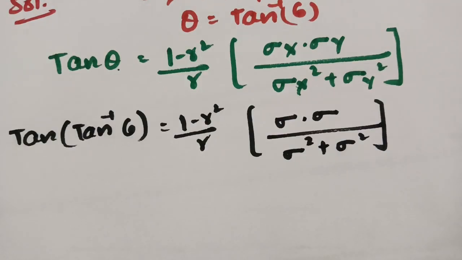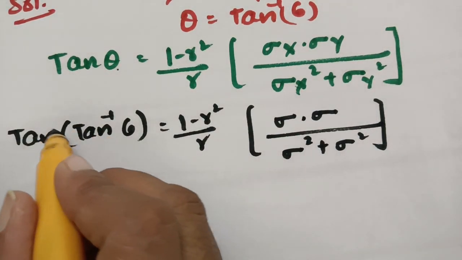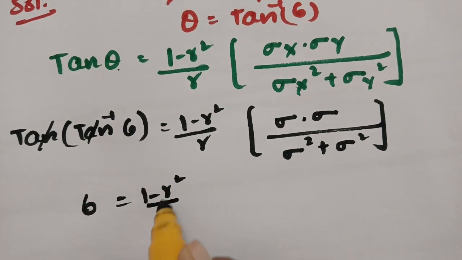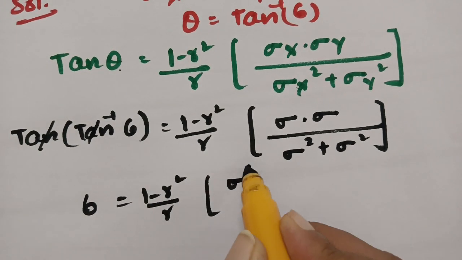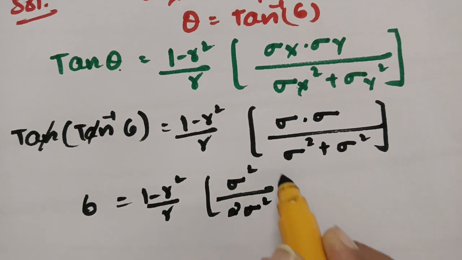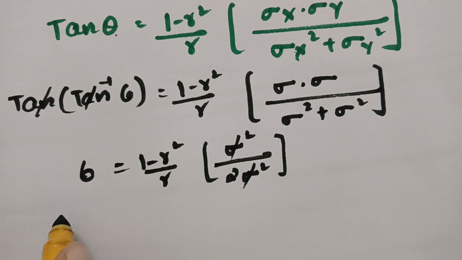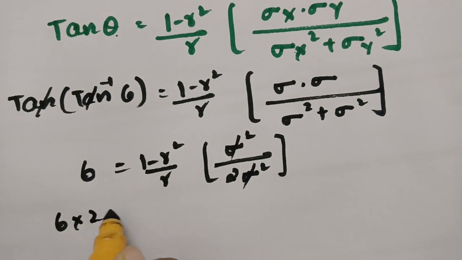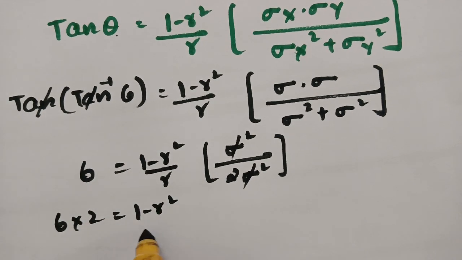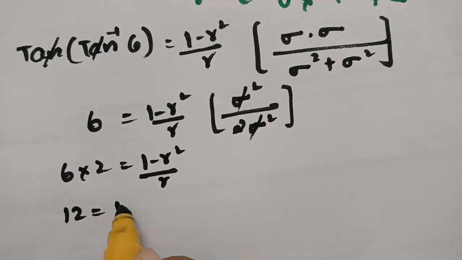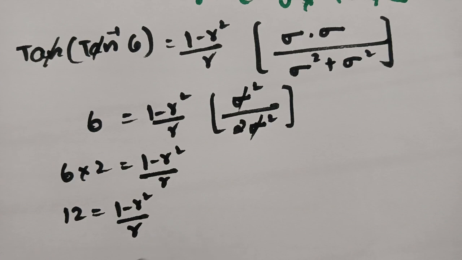If I cancel tan and tan inverse, 6 remains here. 6 is equal to (1 minus r square) by r into sigma square over 2 sigma square. If I cancel these two and send it to the other side, this will be 6 into 2 is equal to (1 minus r square) by r. So this is going to become 12 is equal to (1 minus r square) by r.